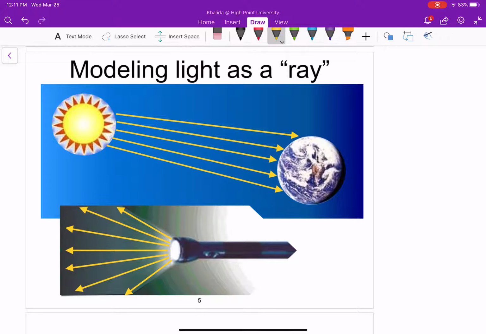So when I say ray, I am modeling an electromagnetic wave as just one of these straight arrows. I can't draw very straight, but it's one of those straight arrows. And then if I talk about a beam of light, I'm usually talking about a collection of rays. And the same thing can be said for the flashlight.